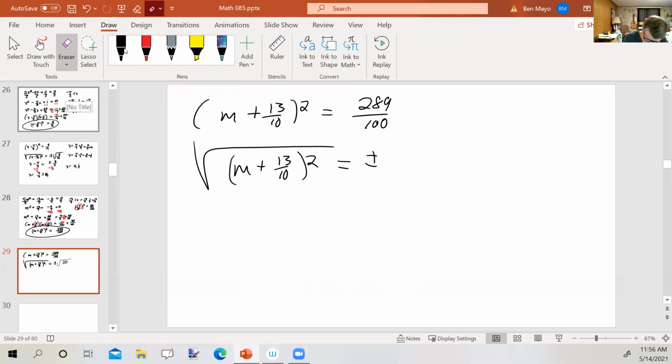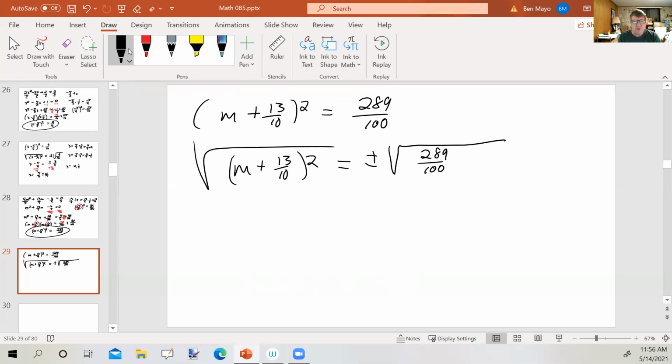Always going too fast. And we have 289 over 100. So on the left side, I get m plus 13 tenths.